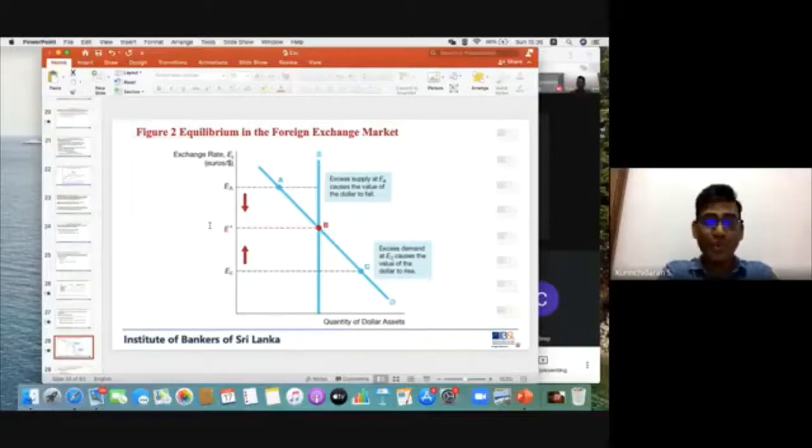You have more supply of dollars compared to demand, so the value of the dollar falls, right? So earlier, let's assume $1 is equal to 1.5 euro. Now it's going to be below that. That means the dollar value is going to fall, right?